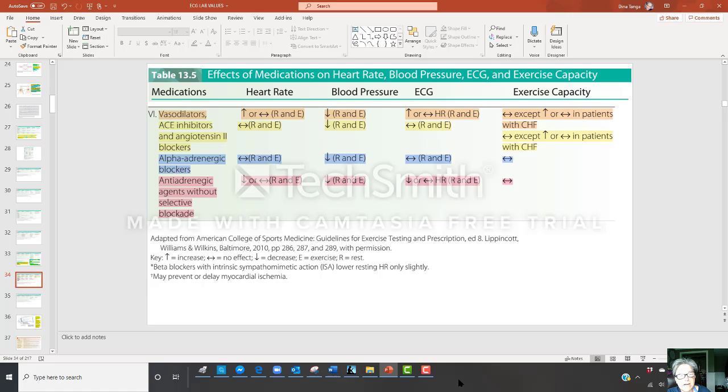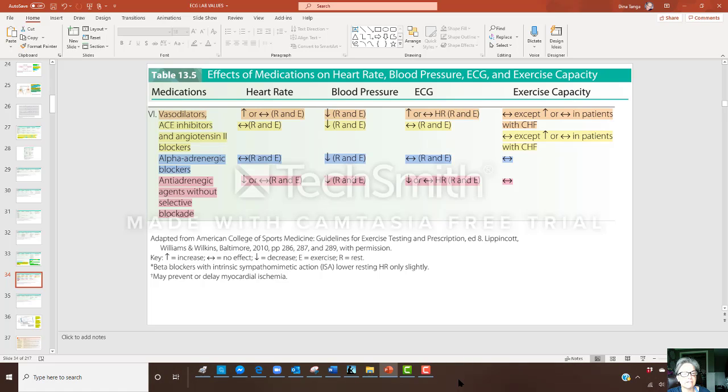On an ECG, vasodilators are going to increase or have no effect on heart rate at rest and with exercise. Exercise capacity is not going to change except to possibly increase or no change in patients with CHF.